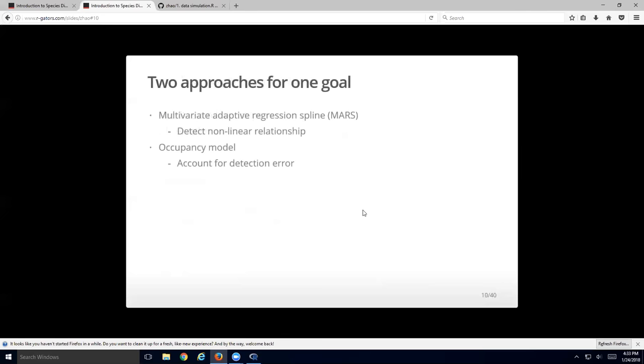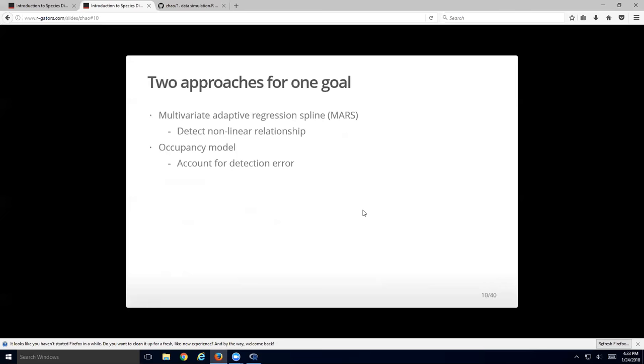Okay. So that's why today I will talk about two different approaches. First is called multivariate adaptive regression spline, or MARS. And this is a non-parametric or semi-parametric approach that is very good at detecting nonlinear relationships.